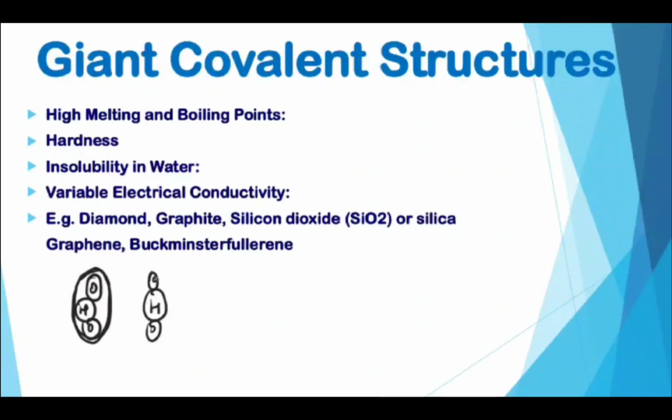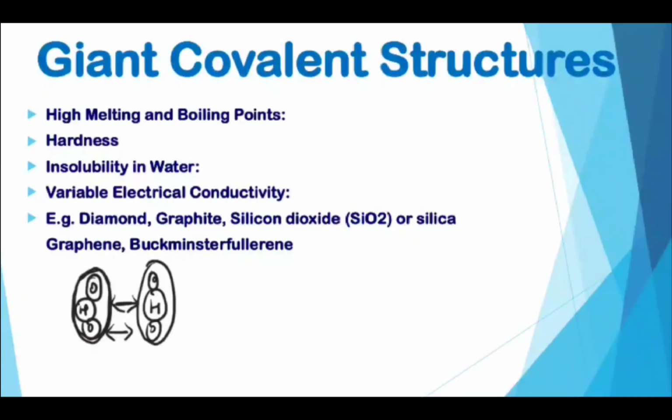But from this one to this one, the bonding is comparatively weak. So covalent bonds are very strong, but the bonding between the molecules is comparatively weak. Hope you understood that statement: the covalent bonds are strong, but the molecules have weak intermolecular forces.